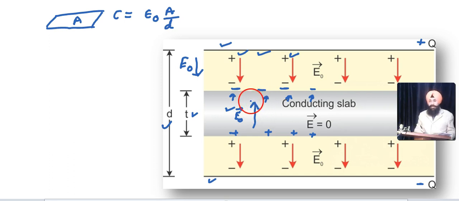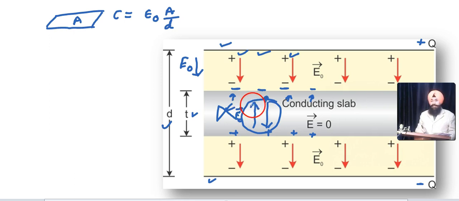So what happens inside? Now inside there are two fields. One is the external field, which is because of the capacitor. Second is the internal field, positive to negative, because it is a conducting slab. And what is the total? The total field becomes 0. So there is no field now inside the conducting slab.